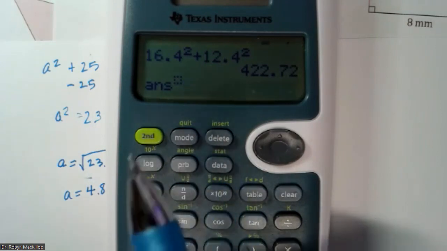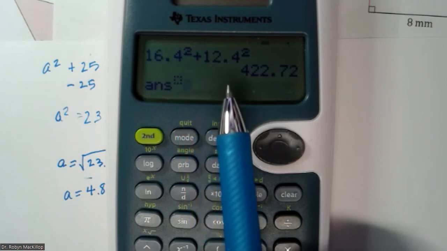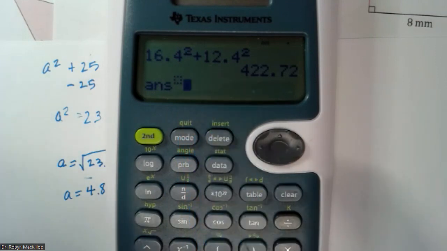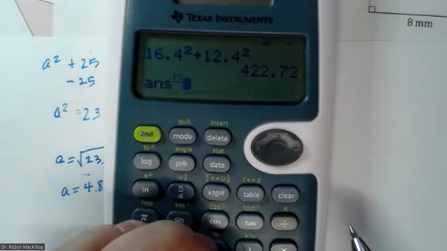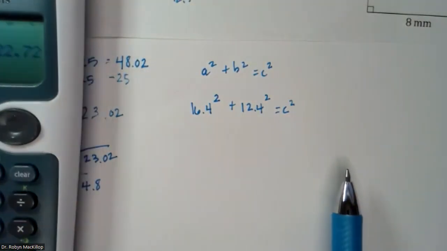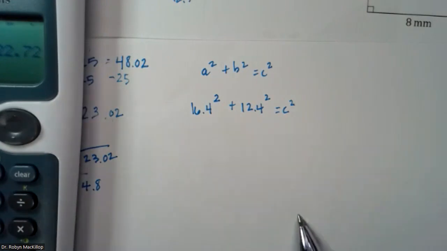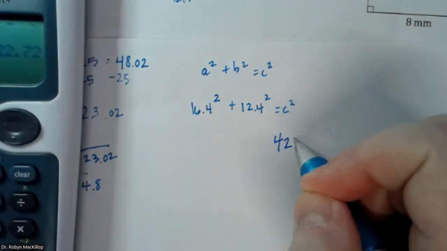If you don't get it out of there, it'll do the entire equation up in the exponents and it won't work. Okay, I got it. Yeah, and that's really just practice using your calculator. You'll get really used to using the arrow key to get out of modes. And what did we say? We said C squared was 422.72.